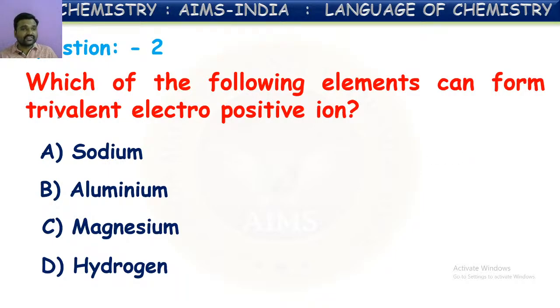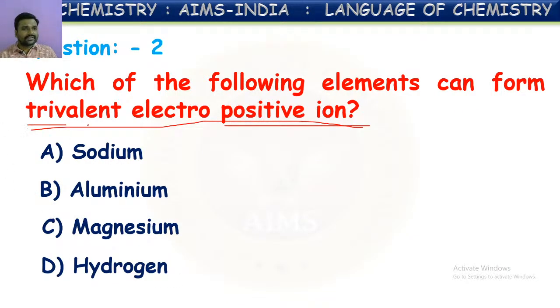So let us see once again the name, trivalent electropositive ion. So it should form positive ion. Hence, it should be either hydrogen or a metal. All the elements, if you observe here, sodium, aluminium, magnesium are metals. Even the fourth one, hydrogen, also can form positive ion. So all are correct here.